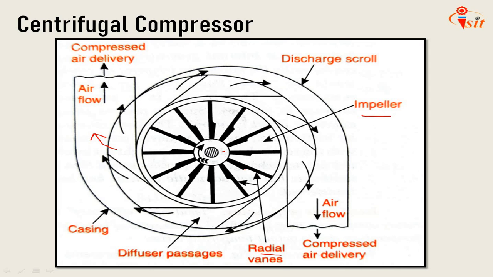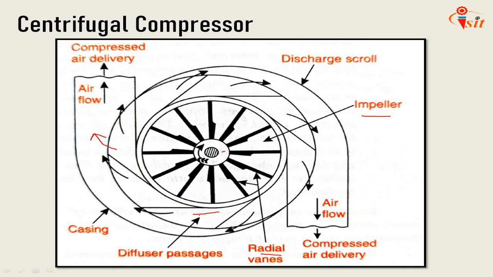Now the air enters the diverging passage called the diffuser. Now this is the diffuser passage where it is efficiently slowed down. The kinetic energy is converted into pressure energy, with the result that there is a further rise in static pressure.